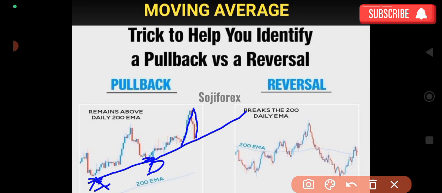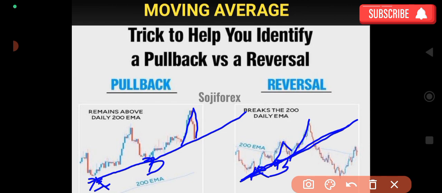And if we want to identify a reversal, here we have point A and point B. We connect our trend line to point A and point B, price went and pulled back, and we have our entry at this point and we bought.